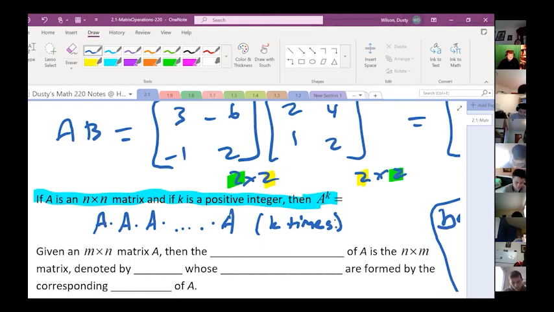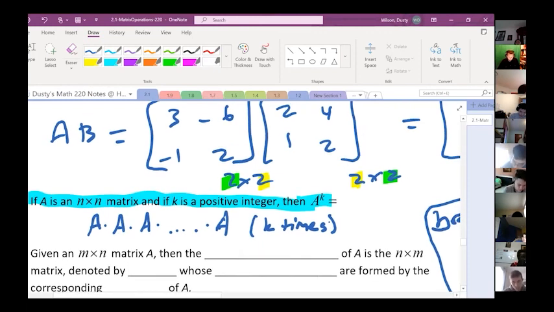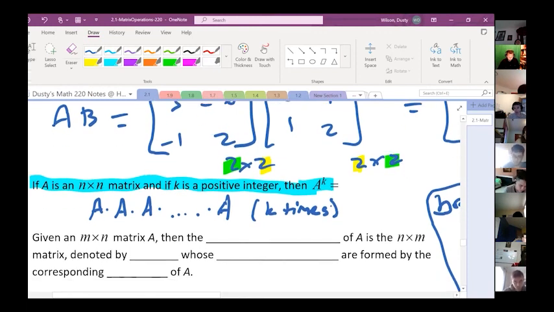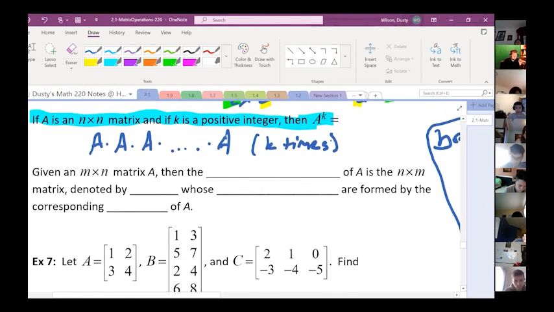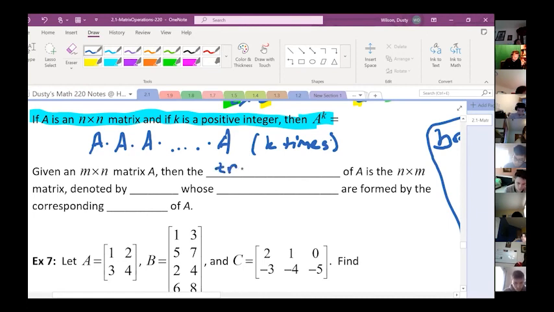Okay. So let's talk a little bit about the transpose, which is not that difficult to understand. So if an m by n matrix A is given, then the transpose of A is an n by m. Let me make sure you're seeing the order here.